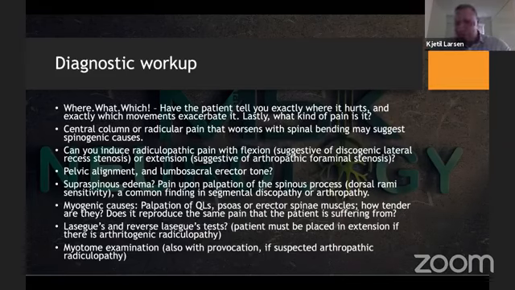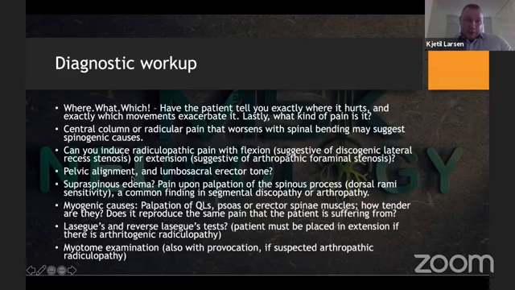And they will respond positively to the postural corrections that I discussed. If you have radicular pain that worsens with spinal bending, it probably suggests a discogenic root compression. If you have radiculopathic pain that worsens with extension, why does it worsen with extension? Well, because generally we narrow the foramina when we go into extension, and that will warrant an MRI. We will talk about that soon.